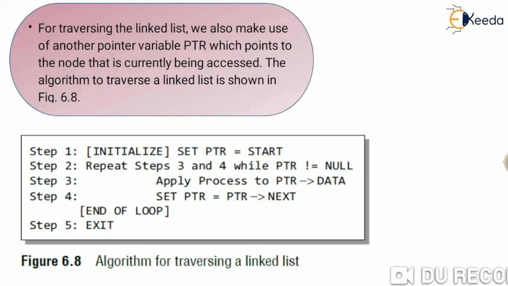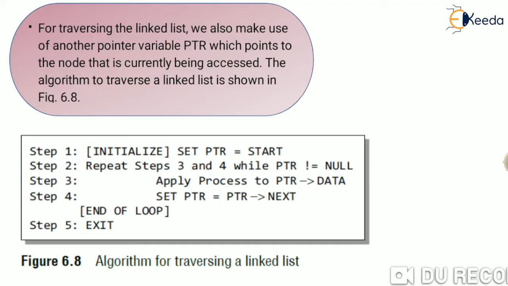Then in step 2, we are using a while loop, and we write: repeat step 3 and step 4 till the condition that pointer is not equal to null.